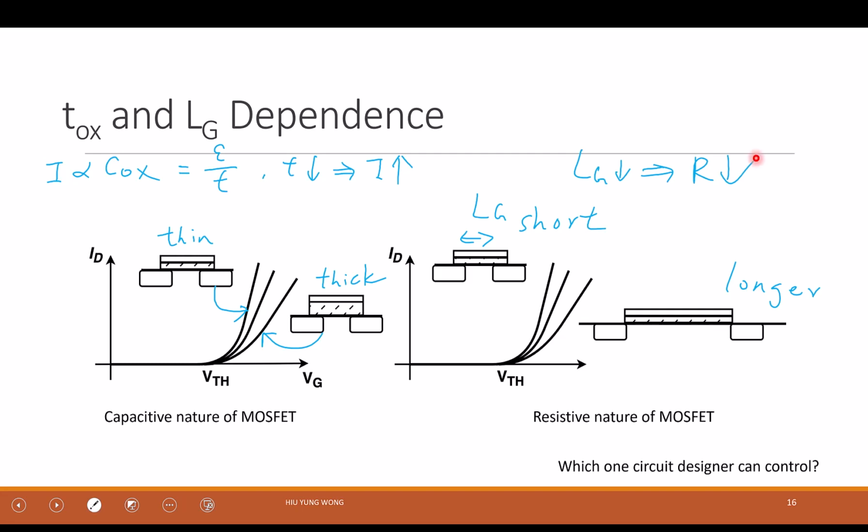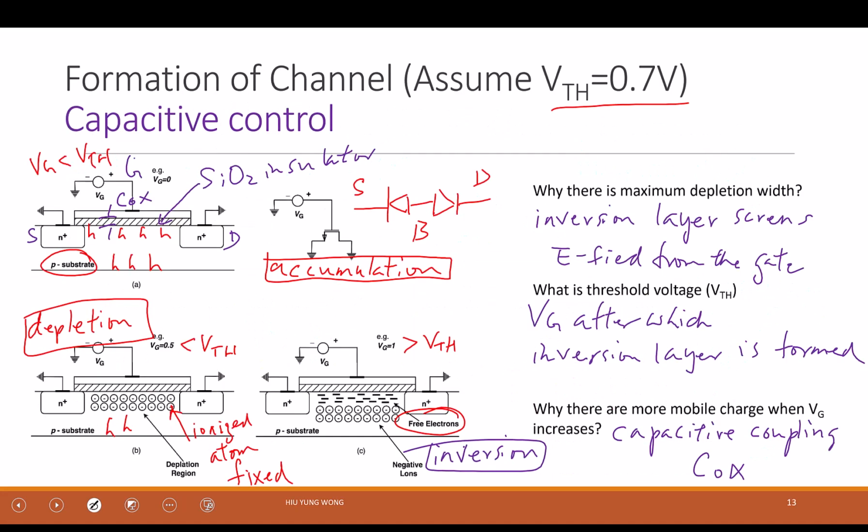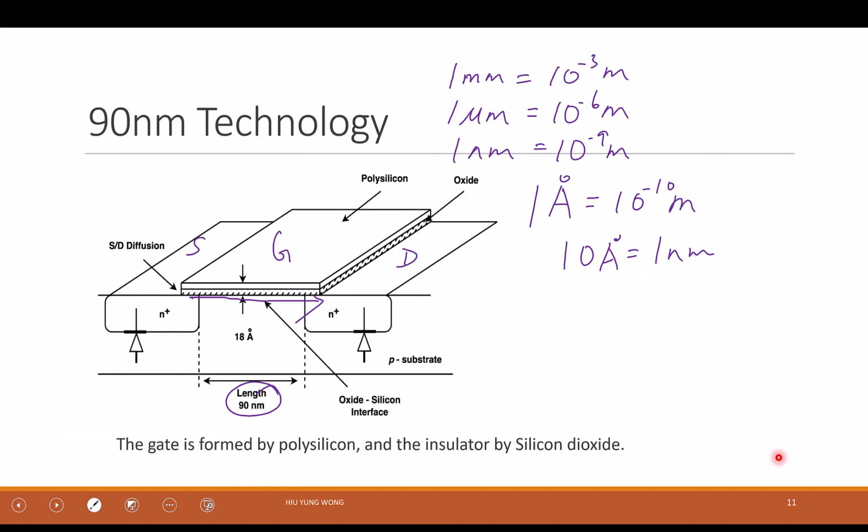Now, as a circuit designer, which one can you control? Okay, someone says the length. Exactly. As a circuit designer, you can draw any transistor you want. So if you refer to this slide, this dimension is something you can control. You say, I want to make it wider, I want to make it longer or narrower.